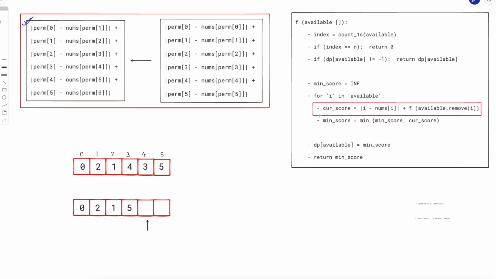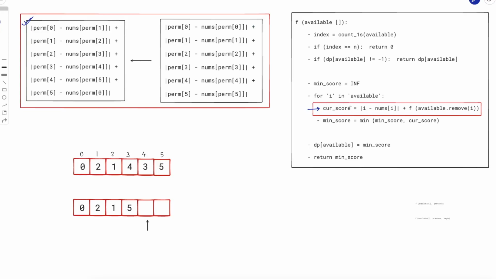So this was the previous solution, and in this we had the current score as i minus nums of i plus f of available dot remove i, basically everything except i.